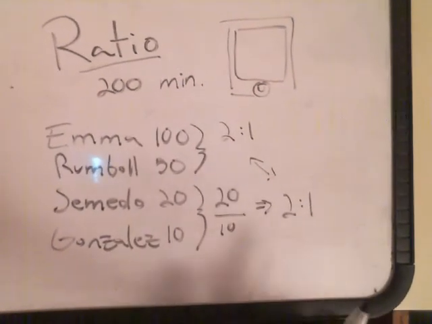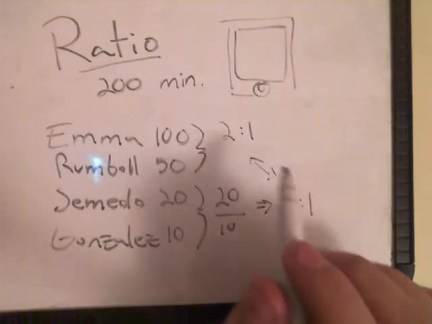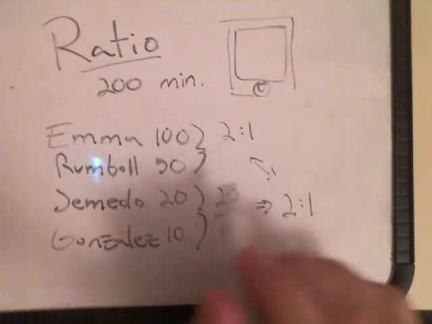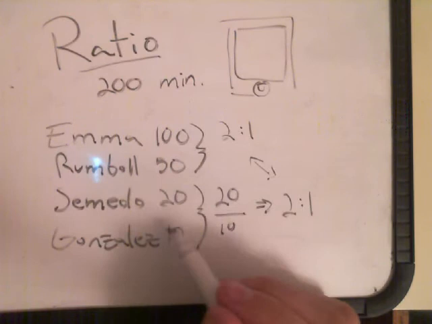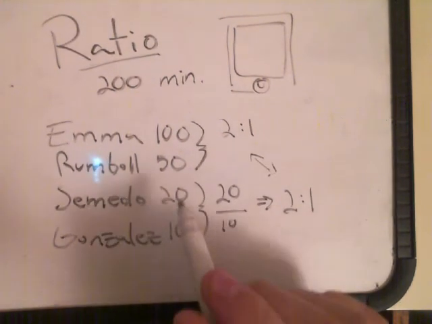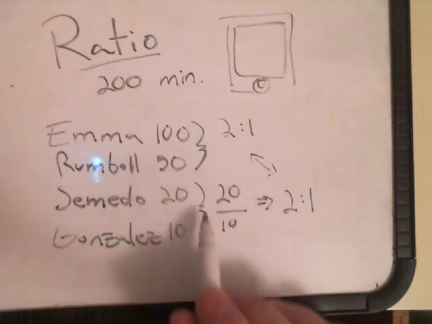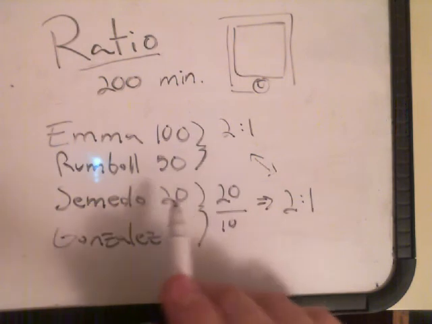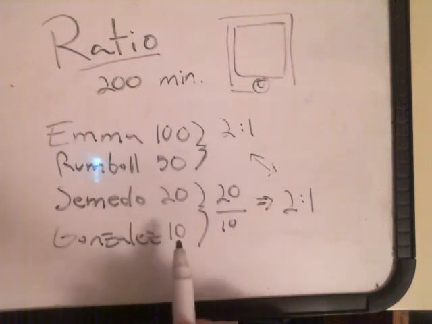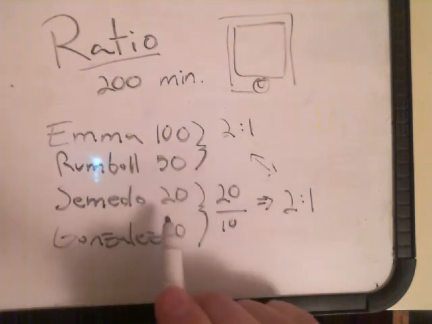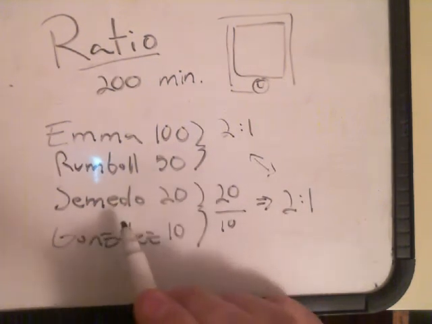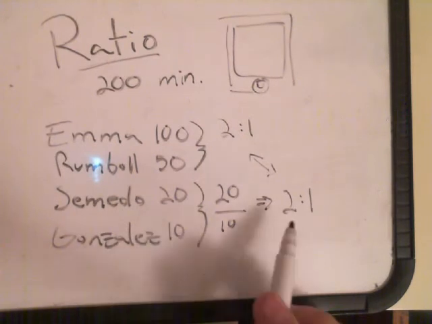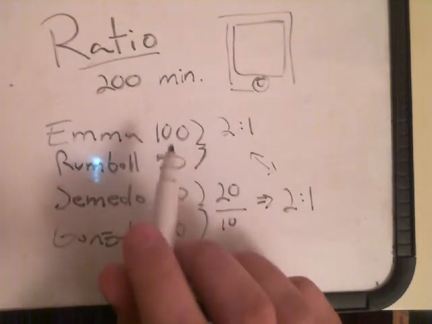Well, remember that a ratio is actually just a comparison between two values. So when I'm just comparing these values, I'm not looking at any other values in the world. I'm just looking at the core relationship between these two amounts. And so without looking at any other numbers, or even really the numbers themselves, I want to know the relationship. And so the relationship between the amount that I talked to Mr. Semedo and the amount that I talked to Ms. Gonzalez is 2 to 1, the same as this ratio up here.